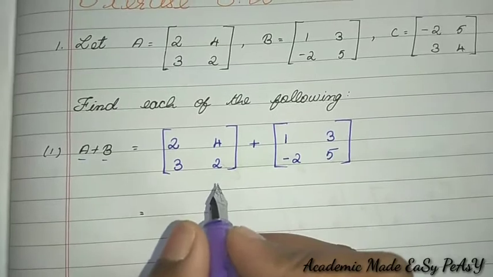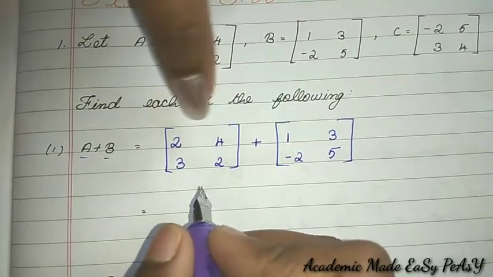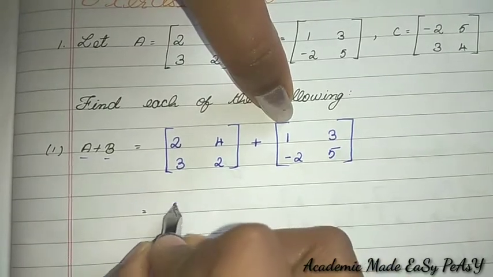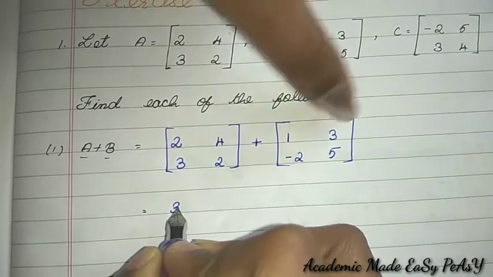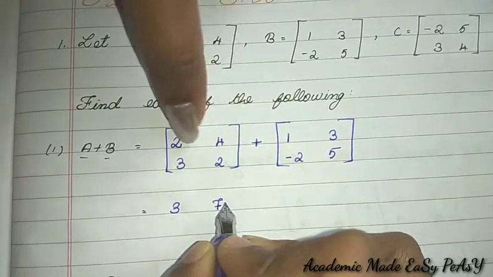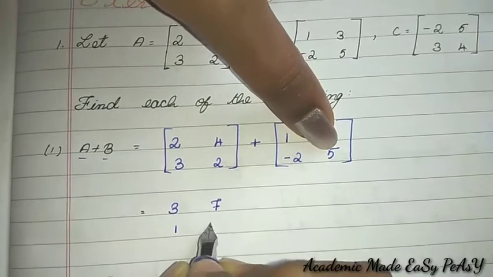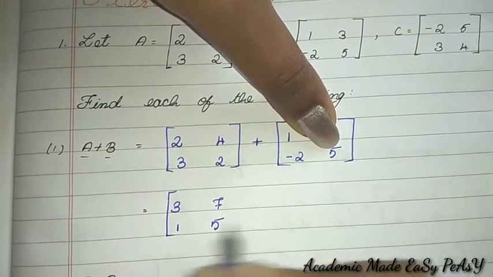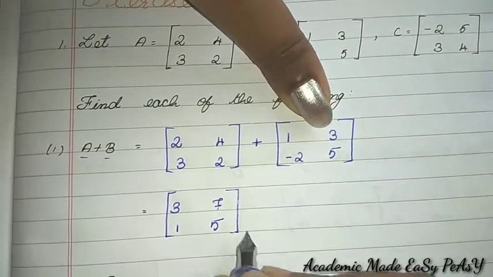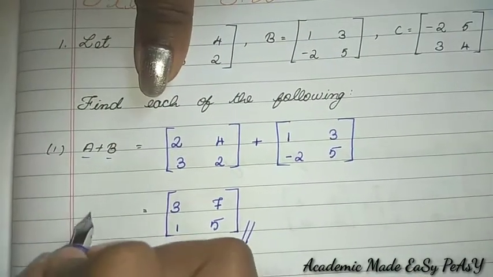So I will be adding the corresponding elements. So 2 and 1 is here. So 2 plus 1 is 3. Next 4 plus 3 is 7. So 3 minus 2. What is 3 minus 2? 1. So 2 plus 5. So this is my required matrix, that is A plus B matrix.